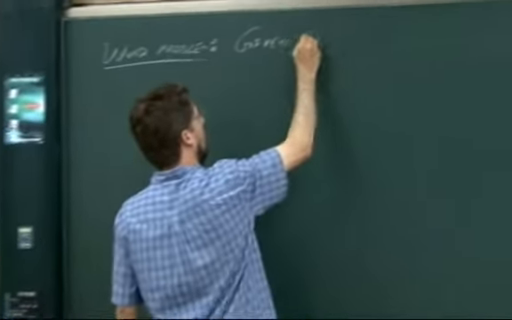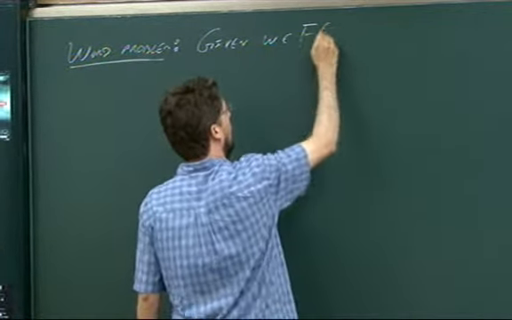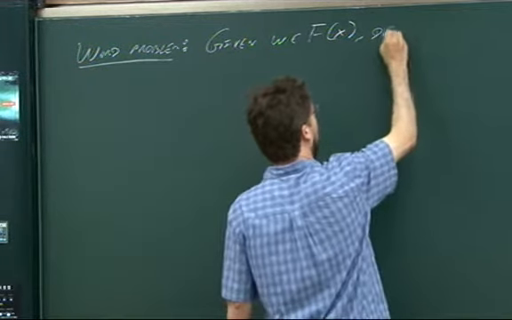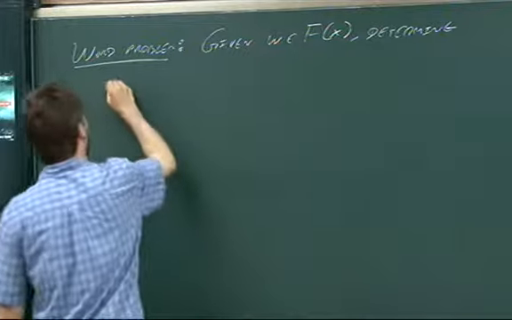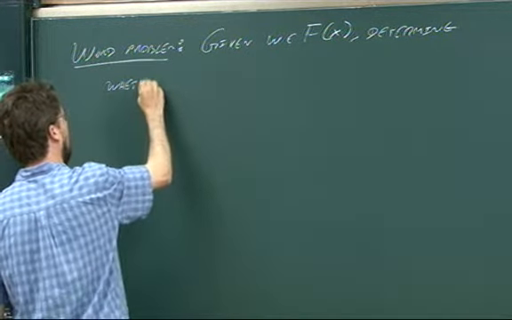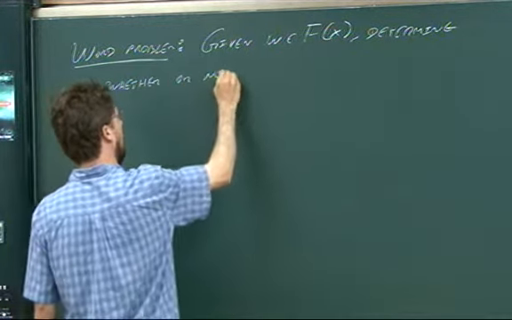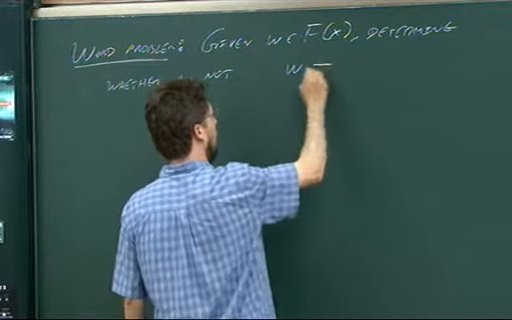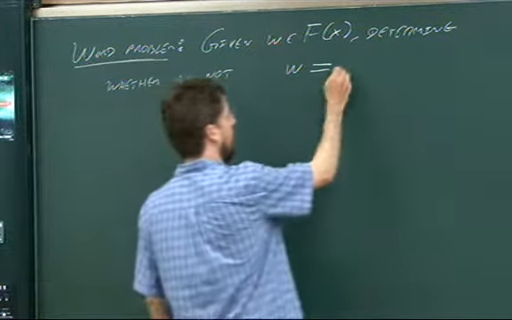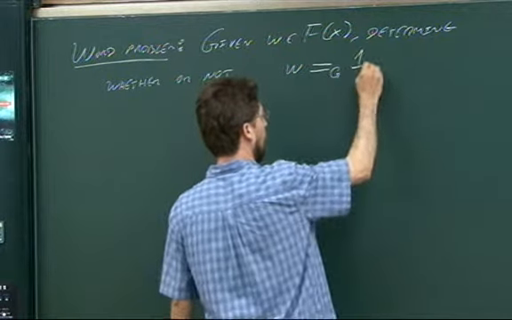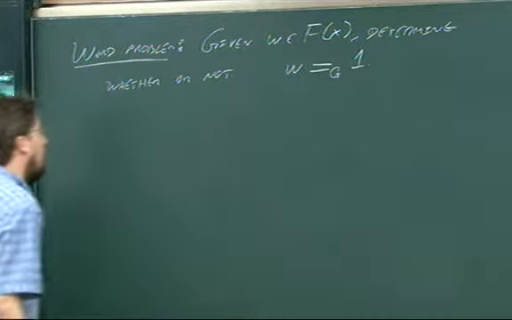So given w in F(X), determine whether or not w equals the trivial element in G. I'll write equals sub G, meaning equals in G.